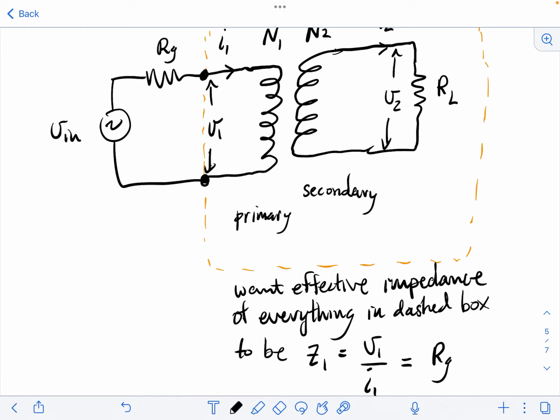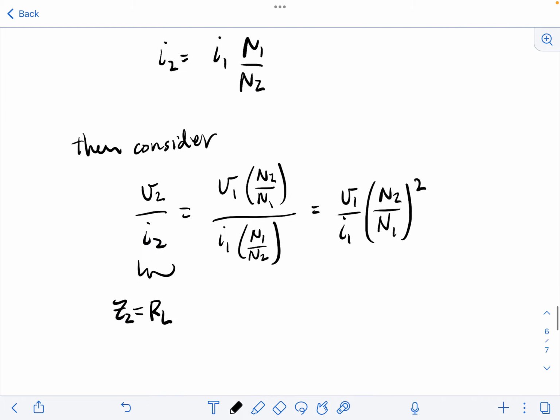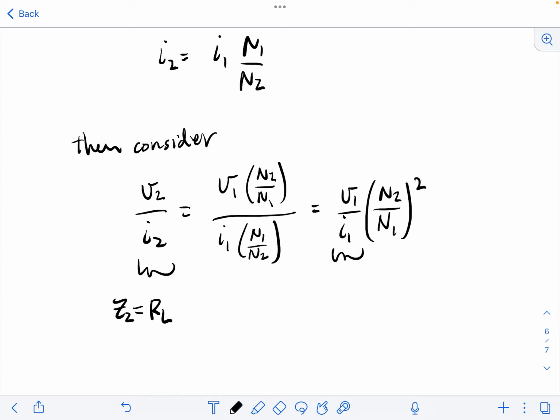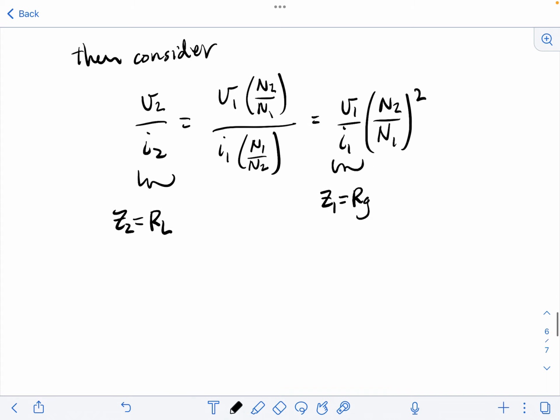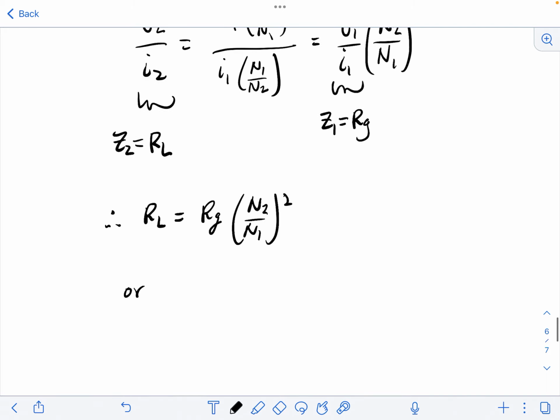And so therefore, what we found is that RL is equal to RG times N2 over N1 squared, or maybe more conveniently, we could say that RG is equal to RL times N1 over N2 squared.